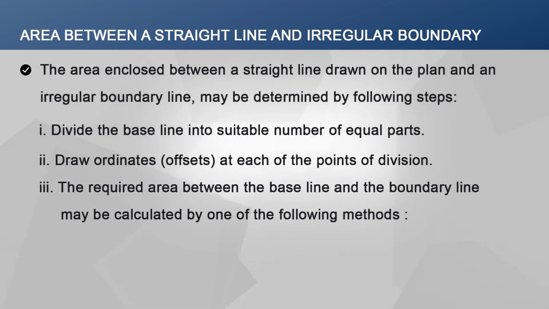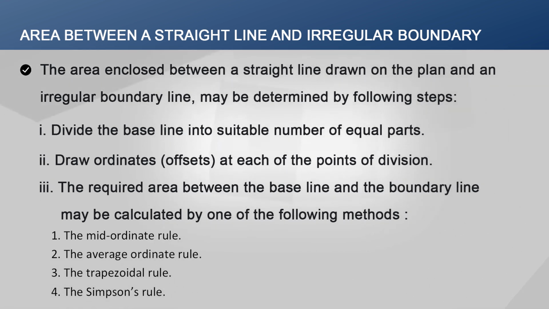Then the required area between the baseline and the boundary line may be calculated by any one of the following methods. The first method is the mid ordinate rule, the second is the average ordinate rule, the third is the trapezoidal rule, and the fourth is Simpson's rule.